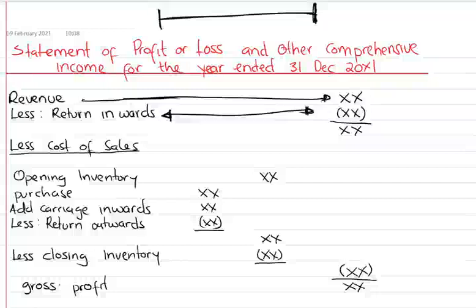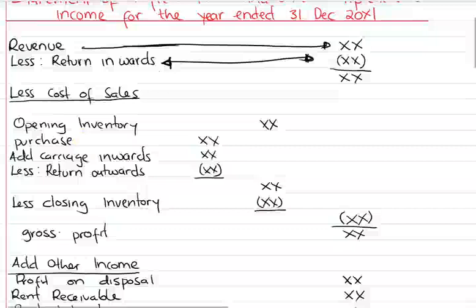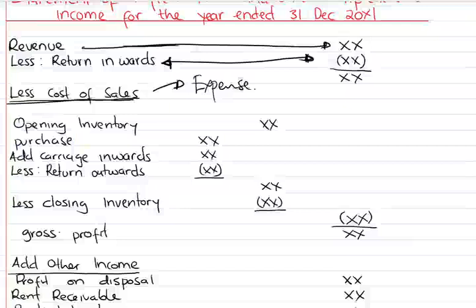Now they have returned, so we have to adjust for return inwards. So you find the adjusted revenue figure. After that, we have to subtract cost of sales. We quote this as charges or expenses that have helped in the generation of this revenue that we are talking about.